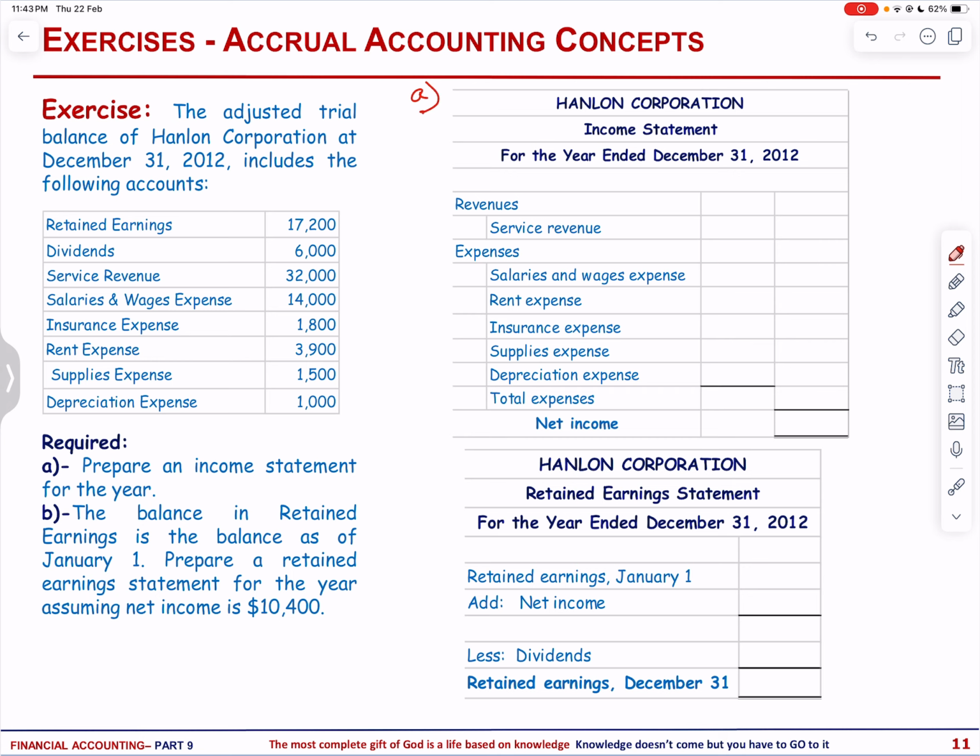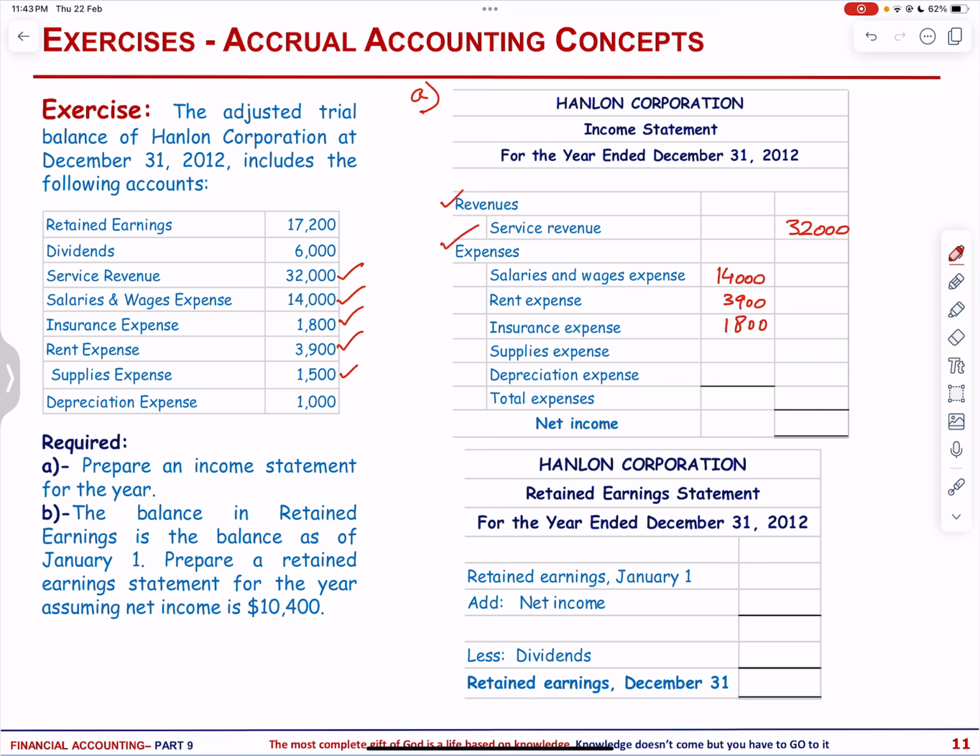So we have to prepare the income statement, and income statement is revenue minus expense, and in this case we start with the service revenue, and service revenue is 32,000. Then we have expenses. We have salaries and wages expense. Then we have rent expense. Then we have insurance expense.